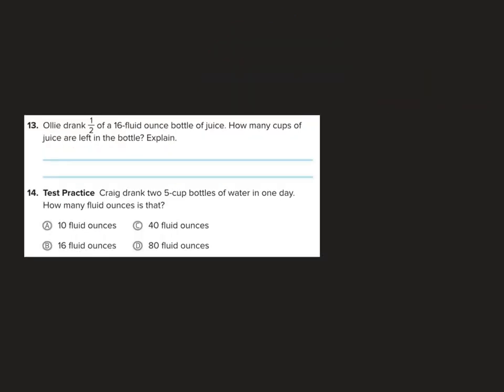Ollie drank half of a 16 fluid ounce bottle of juice. How many ounces did she drink? He doesn't say if it's a he or she, but they drank 8 fluid ounces then, right? Because half of a 16 fluid ounce bottle would be 8 fluid ounces. So how many cups of juice are left in the bottle?